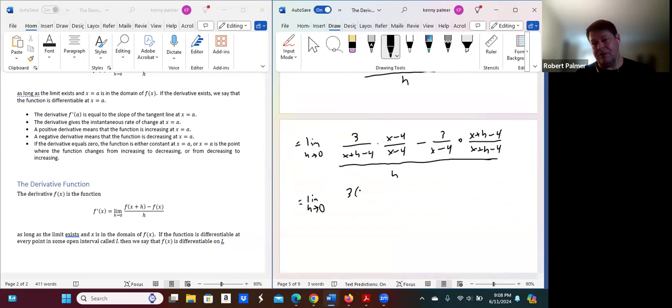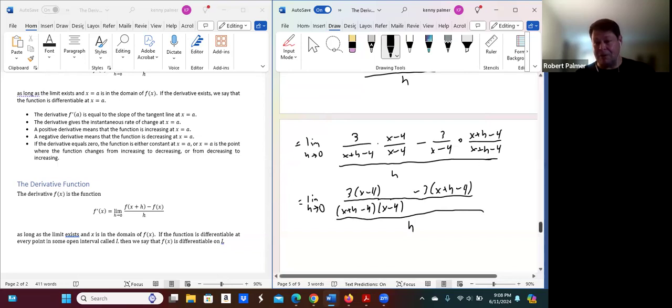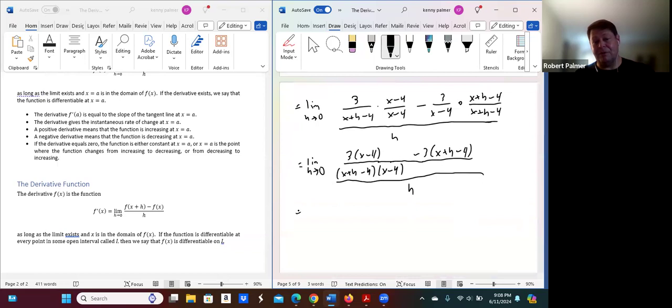So 3 times x minus 4 over this combined denominator, x plus h minus 4 times x minus 4, minus 3 times x plus h minus 4 over that same combined denominator. Both of these are over that same denominator, and it's over h. Now let's distribute these up here, and once again we'll get some cancellation, which will be helpful.